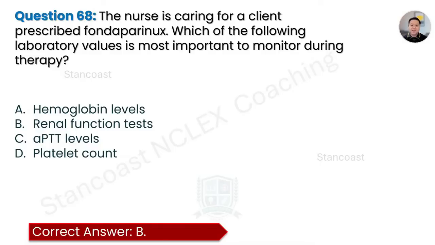And this is a medication that selectively can inhibit the factor 10A or activated factor 10 via the antithrombin without affecting thrombin or factor 2A. We have a letter D as one of the incorrect answers as well, because the platelet counts are not routinely monitored unless there is a specific concern for thrombocytopenia.